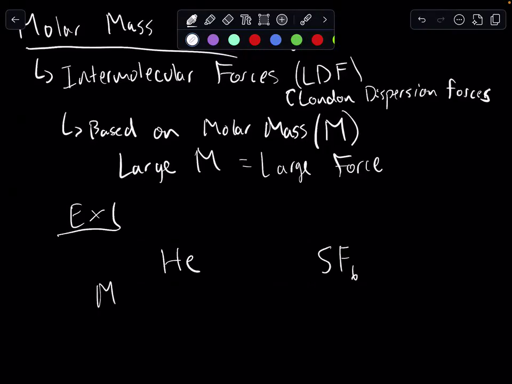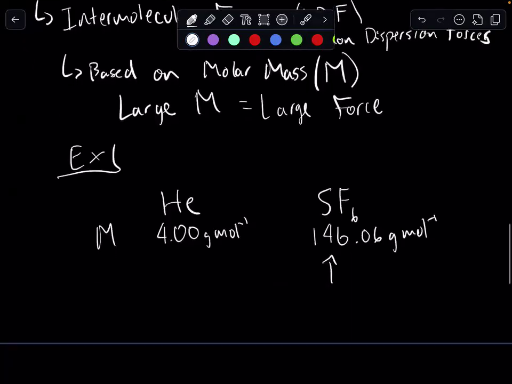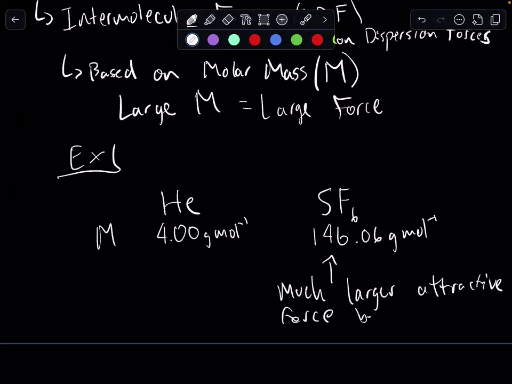Helium has a molar mass of about 4.00 grams per mole, while sulfur hexafluoride is about 146.06 grams per mole. Sulfur hexafluoride will have a much larger attractive force between particles. Therefore, helium would be ideal and sulfur hexafluoride would act real.